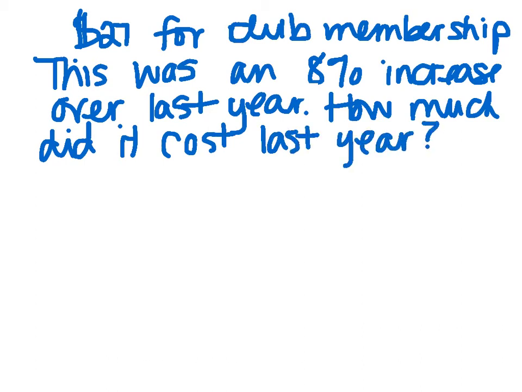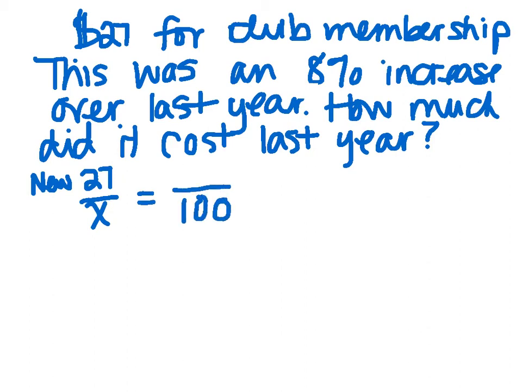Okay, so since last year was the original, we don't know that. If I say 27, that's the new. That means I need that to correspond, we always have 100 here. The new percent here is not the change, this is the 100% that is represented by the original price, plus the 8% increase.